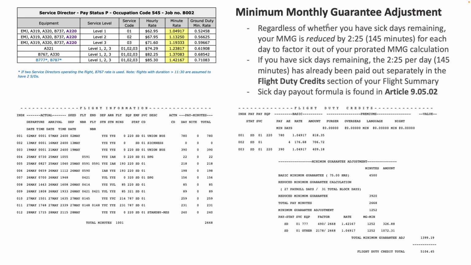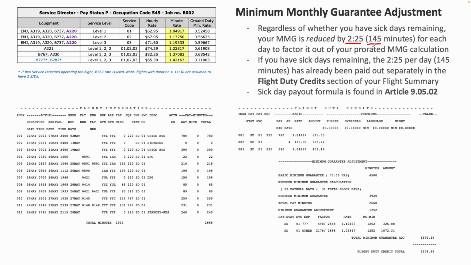Regardless of whether you have any sick days remaining to be paid out, your MMG is reduced by 2 hours and 25 minutes, which expressed in minutes only is 145. For each day, that reduction happens, and that factors it out of your prorated MMG calculation.